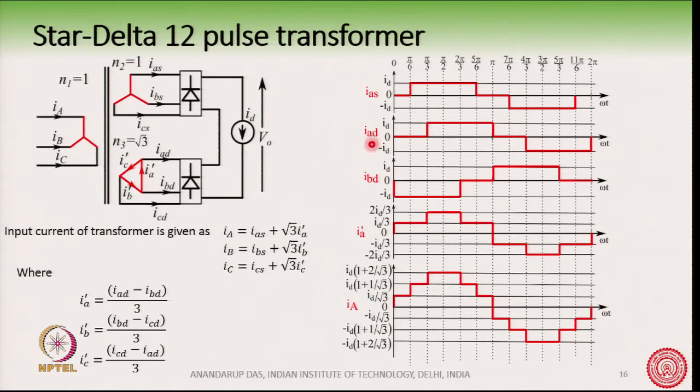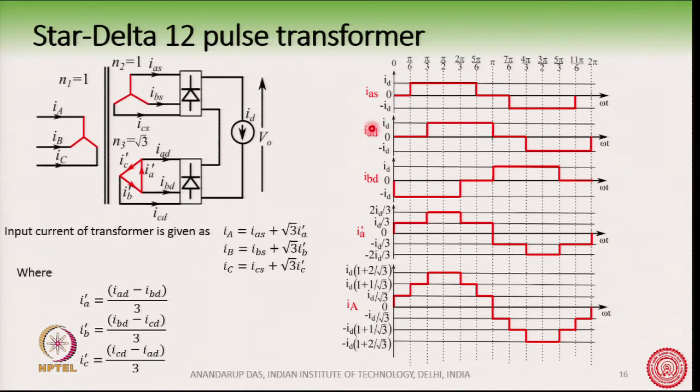So, if IAD is obtained, I can also draw IBD, because IBD is 120 degrees lagging to IAD. So, this is my IAD, and IBD is 120 degrees, or 2 pi by 3, shifted on this side.